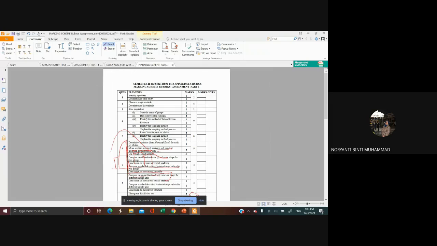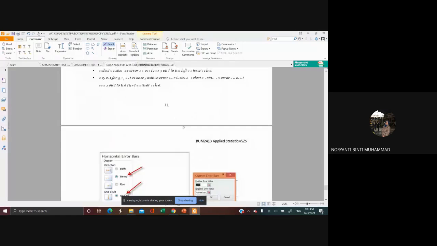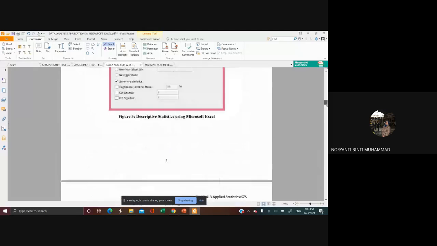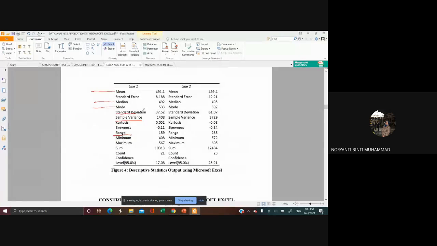No need for IQR because it asks for those from this output. Since from the first output we don't have IQR, no need to put it.